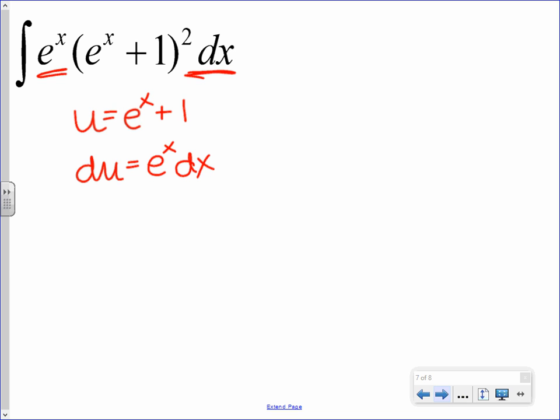We have e to the x dx. So this becomes the integral of u squared du. Okay?